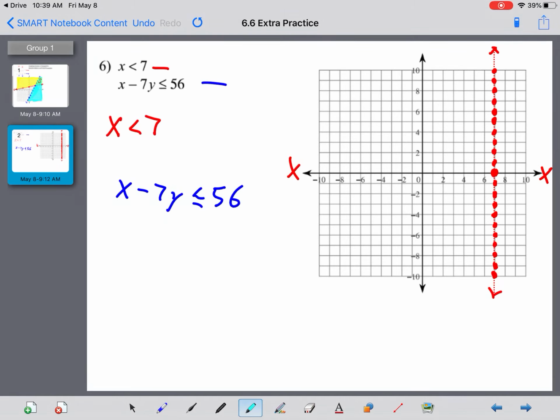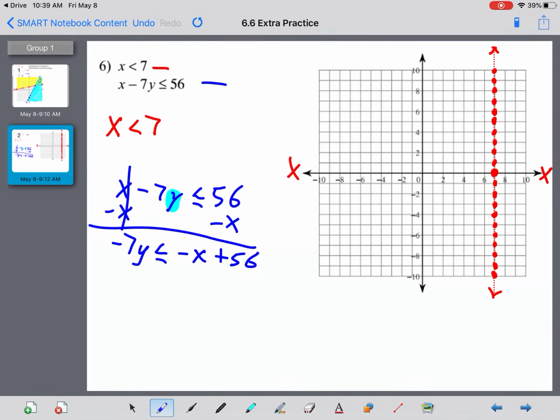X minus 7y is less than or equal to 56. I need to isolate this y value. So I'm going to subtract x on both sides. My x's cancel. Negative 7y is less than or equal to negative x plus 56. We need to divide everything by negative 7.